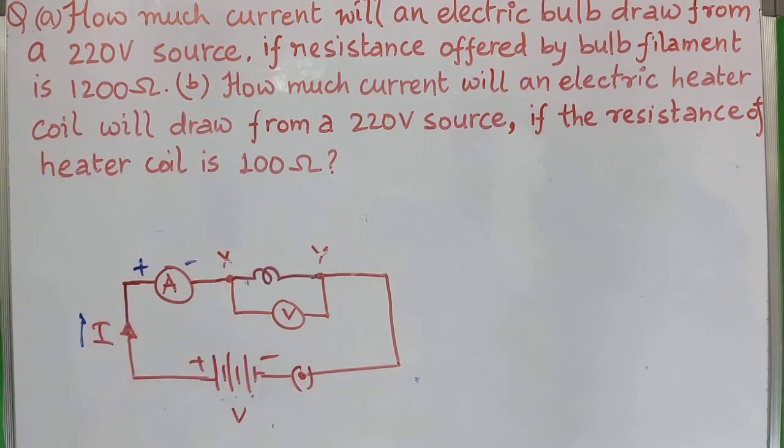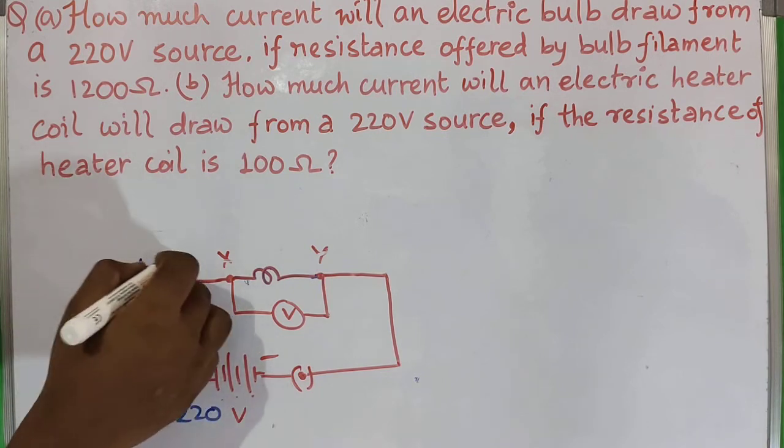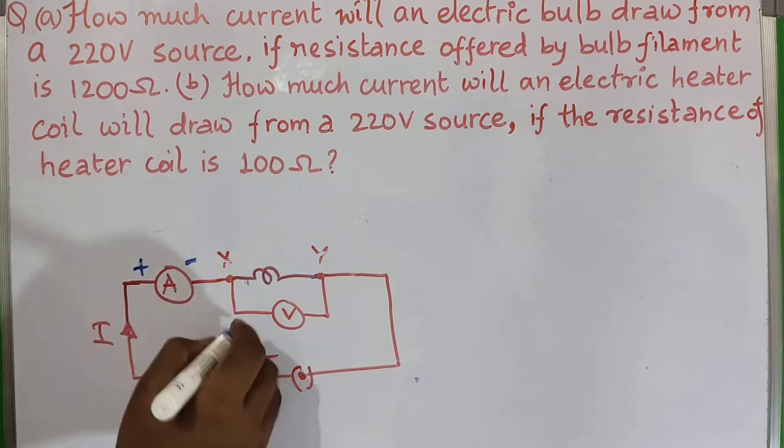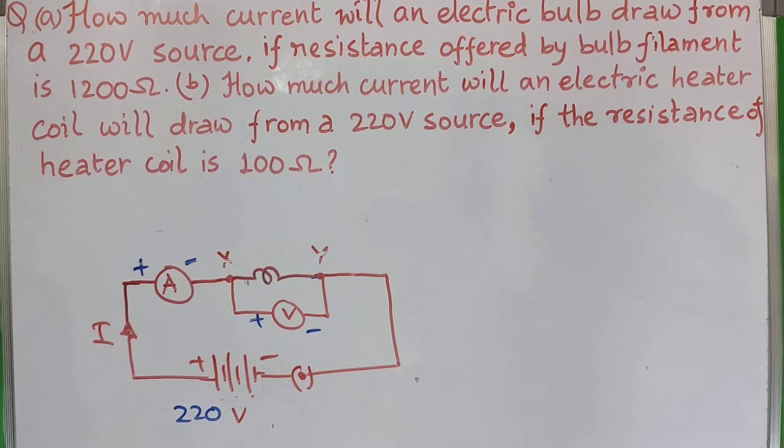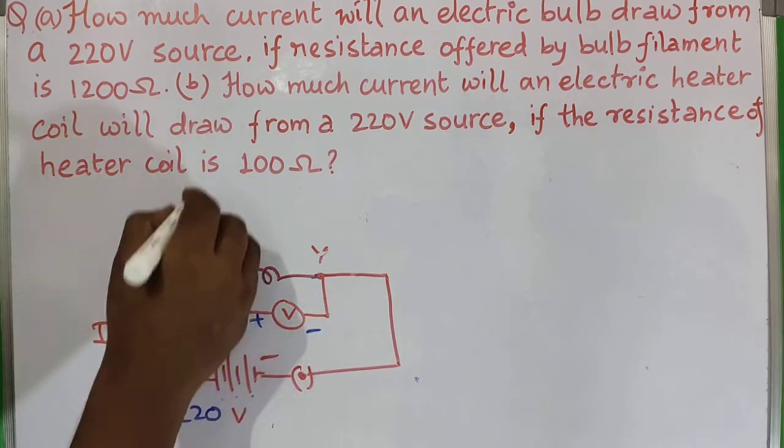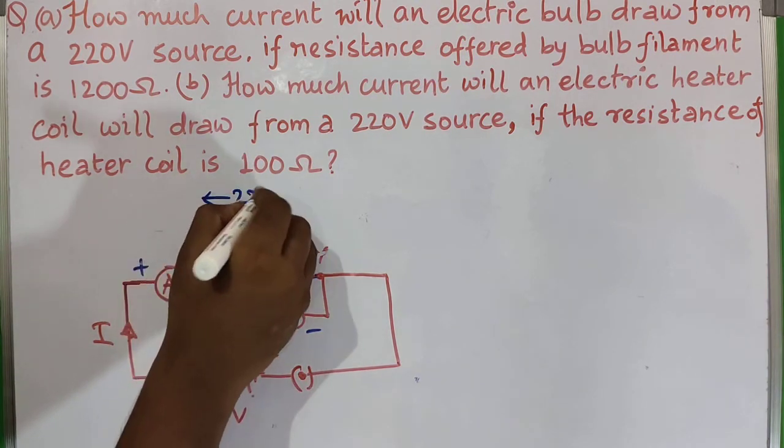Now what source do we have? I have a 220 volt source. So some current will flow. I'll measure it using an ammeter, and there will be some potential difference across the bulb. I'll measure it by a voltmeter. What would be the potential difference across it? 220 volt. Correct?